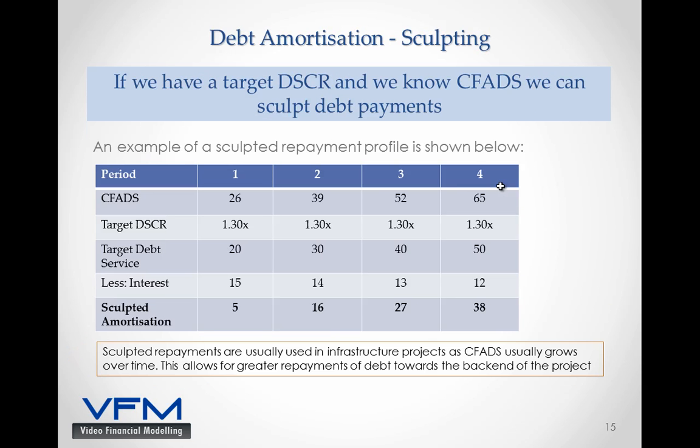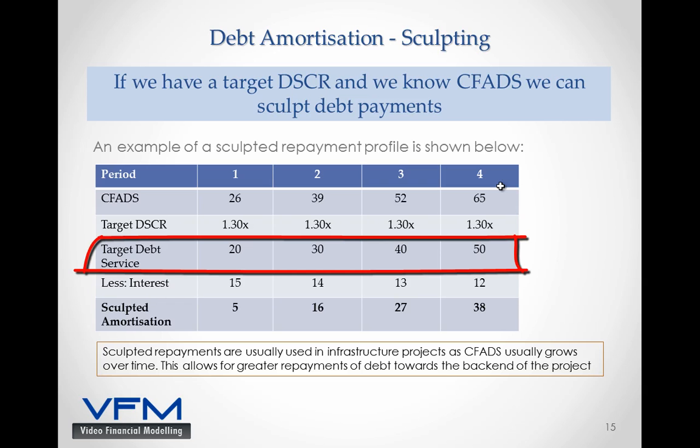So if we go back to here, we've got a simple example where it says, here is our CFADS. We know our target debt service coverage ratio. So now we're going to divide our CFADS by our target debt service coverage ratio, and we're going to find the target debt service.